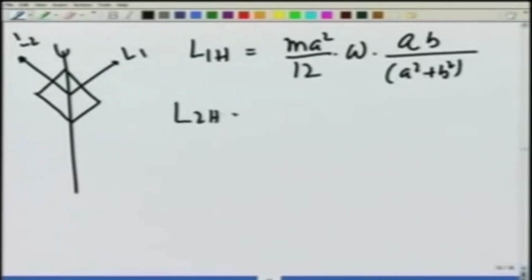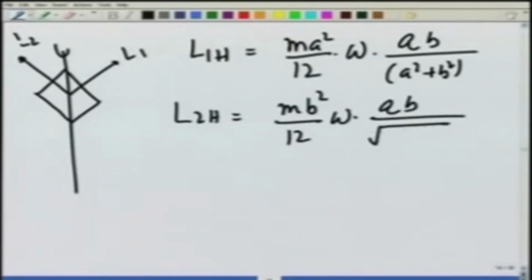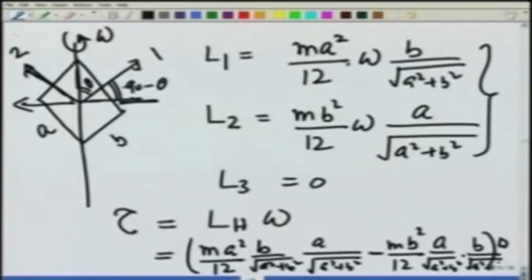L2 horizontal is m b square over 12 omega sine theta cosine theta, which I can write as ab over a square plus b square. There is no square root, you see this from the last screen. This all the product ab divided by a square plus b square, ab divided by a square plus b square times omega.